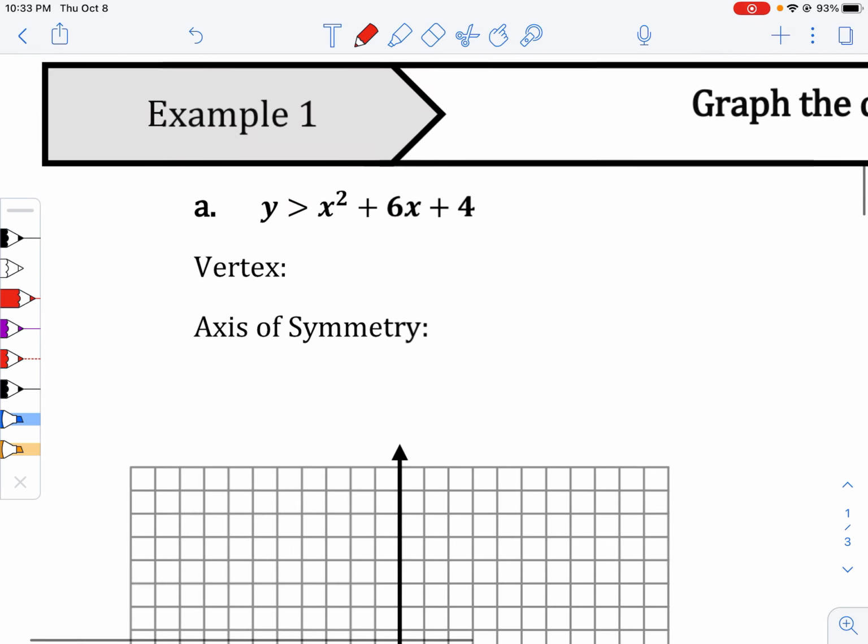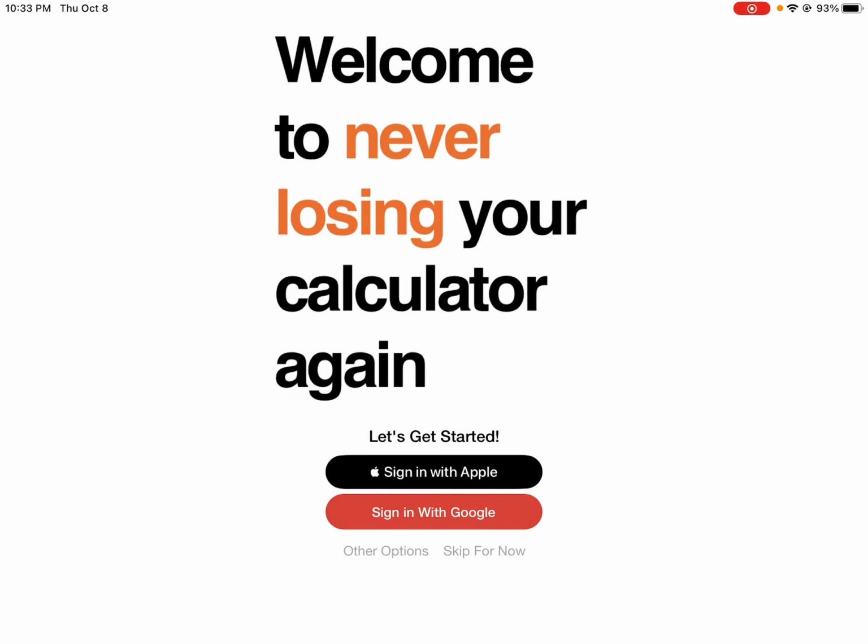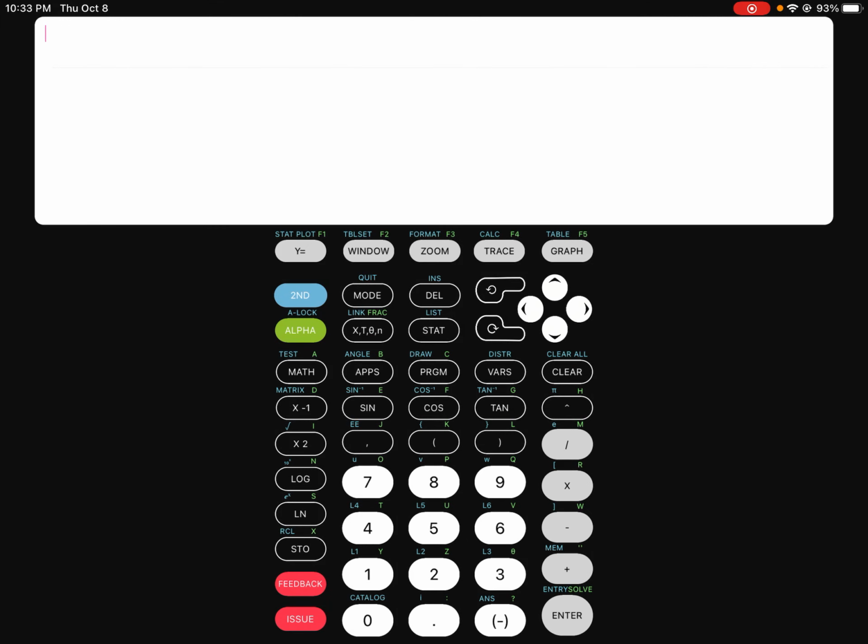So let's start with example 1 here. We have y is greater than x squared plus 6x plus 4. I want to remind you how to put this into your calculator. Go to y equals.